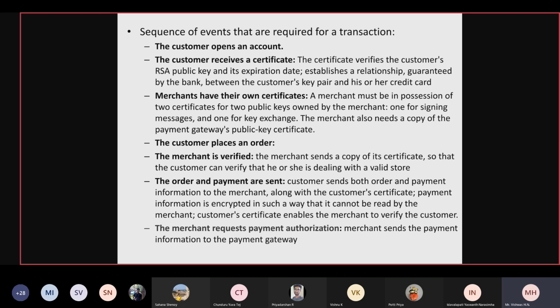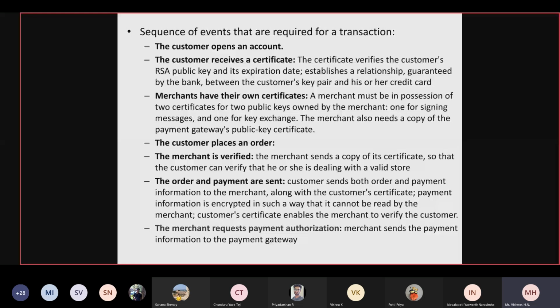Then the order and payment are sent. So the customer sends both order and payment information to the merchant along with the customer's certificate. Payment information is encrypted in such a way that it cannot be read by the merchant. Is that clear? Why? Because the merchant need not have your card details.